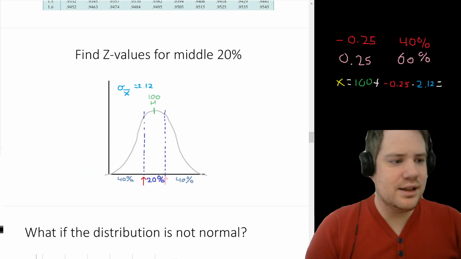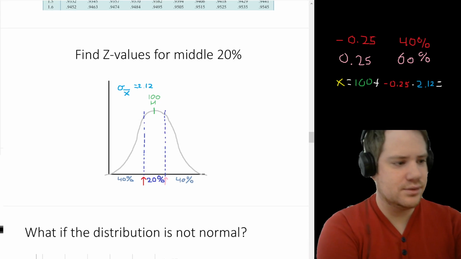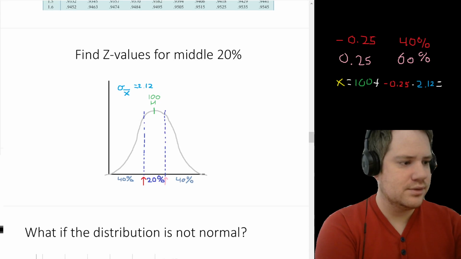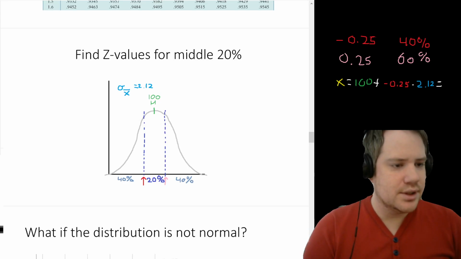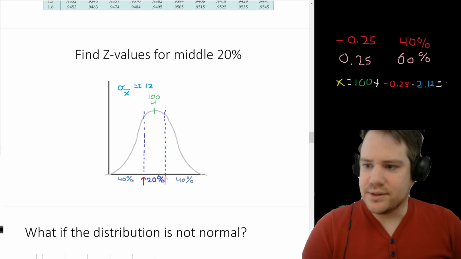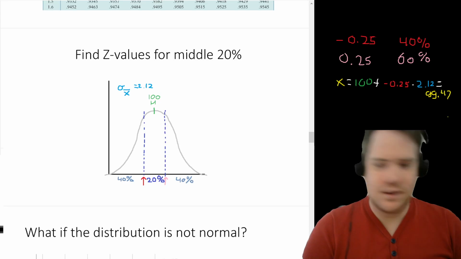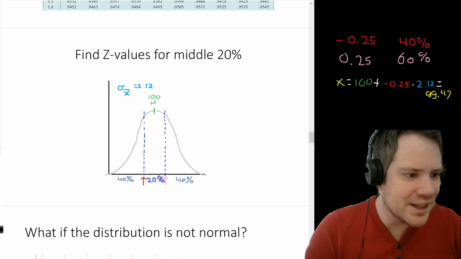And that gives us 99.47. Does that fit here? Probably not. I'll write it here. There we go. This is a 9.